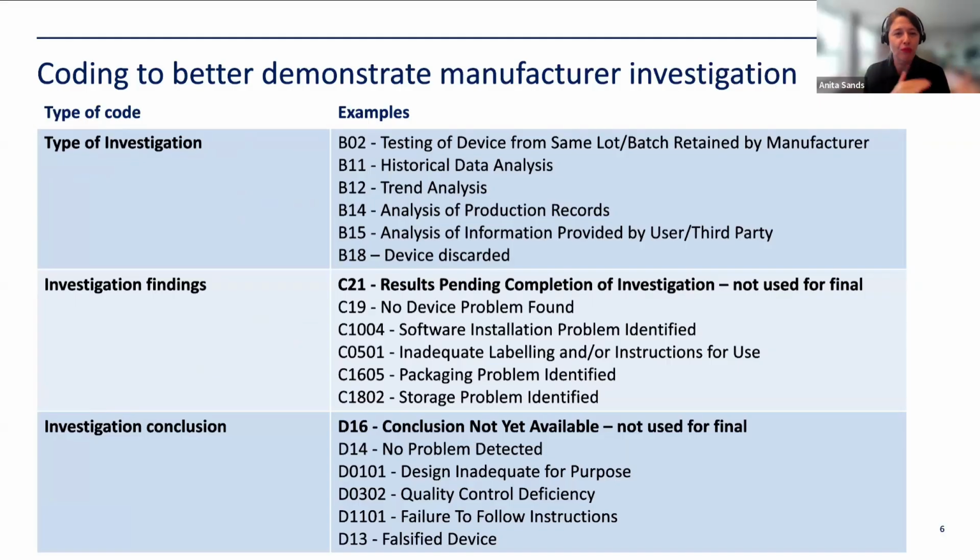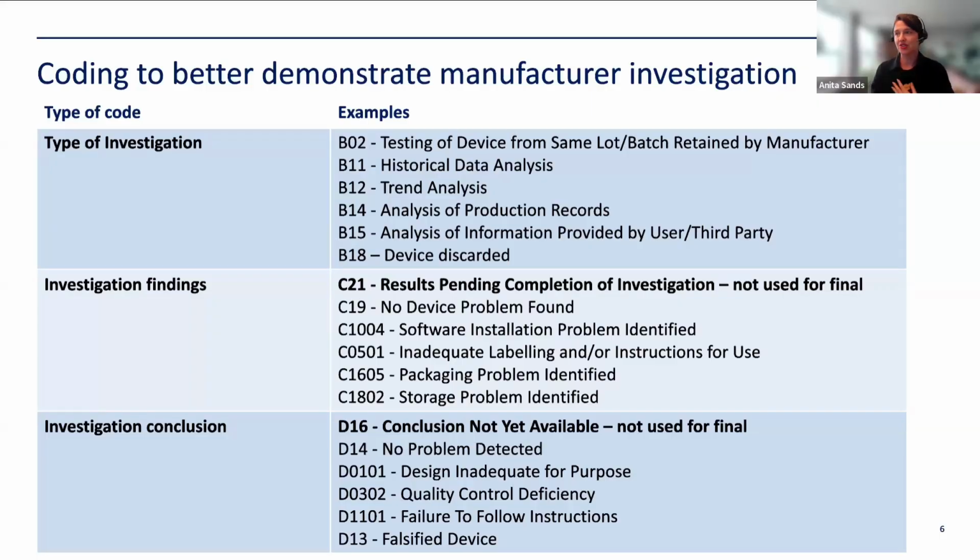This concept of ruling in and ruling out is really important because it's often very hard to objectively show a link of causality. I know that in the medicines and vaccines world it's a similar important topic. But I recommend already starting to code the types of investigations that are done, the investigation findings, and the conclusion. This helps. I actually use this to make my own work instructions.